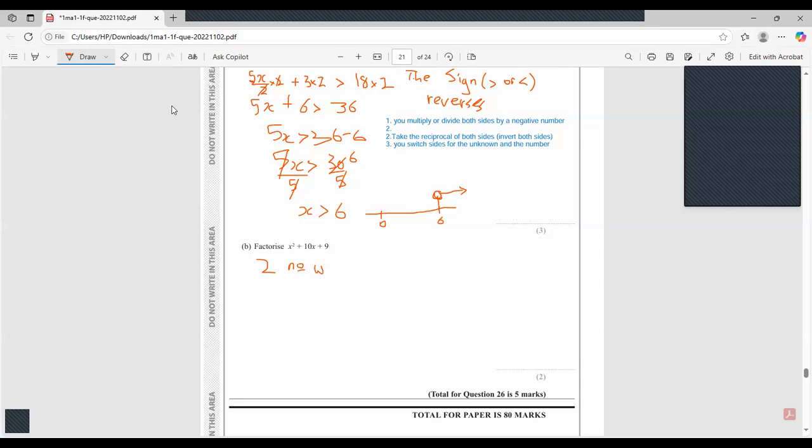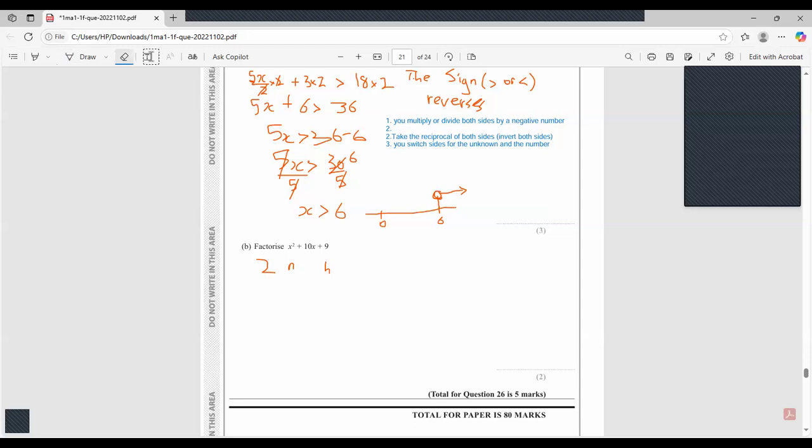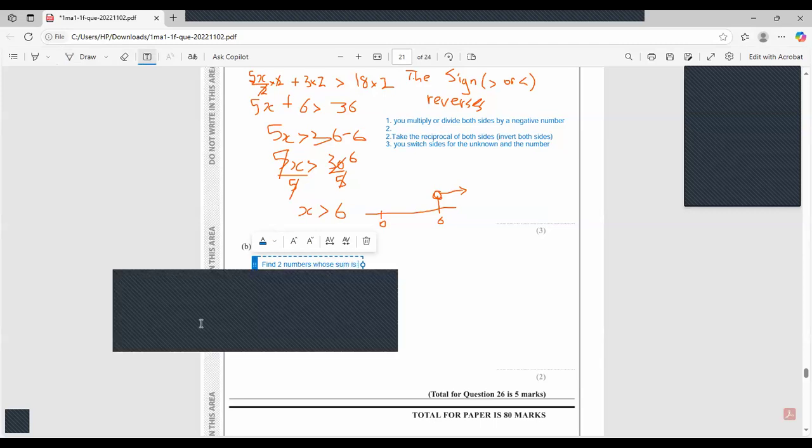sum, I can type this. Okay, so find 2 numbers whose sum is, in this case, 10x and product is 9x.